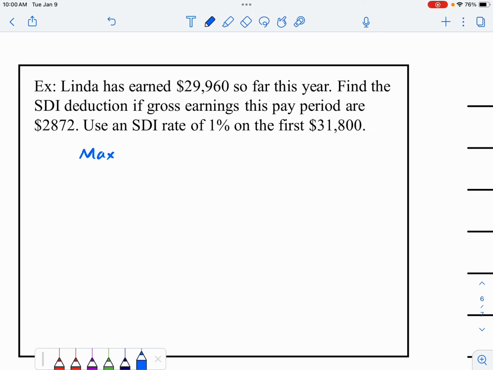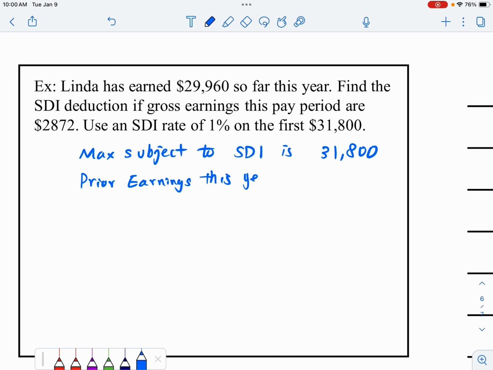The max amount subject to SDI is $31,800, and the prior earnings this year is this much, 29,960.